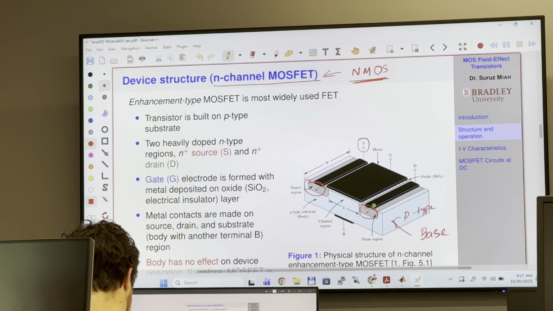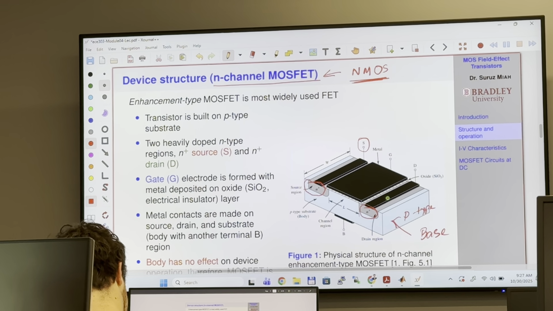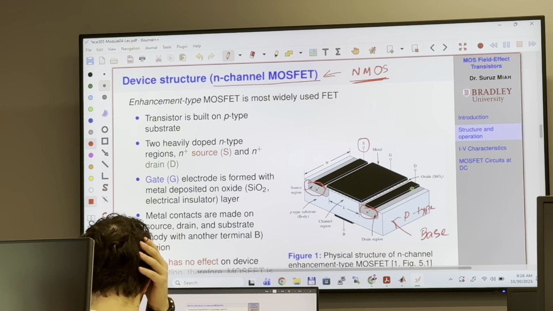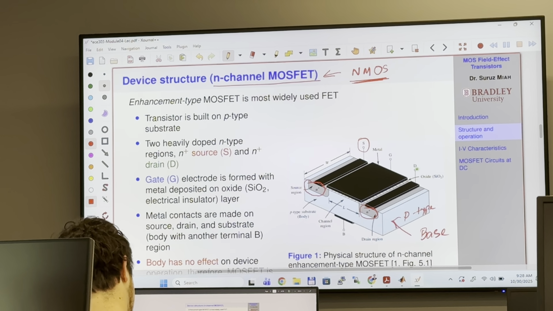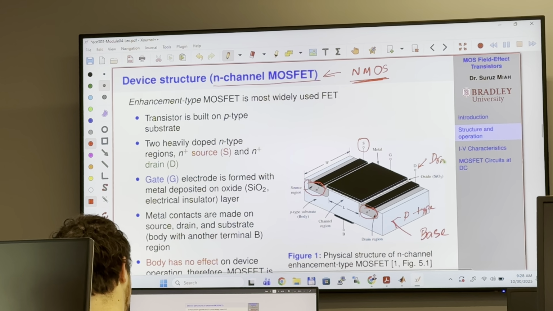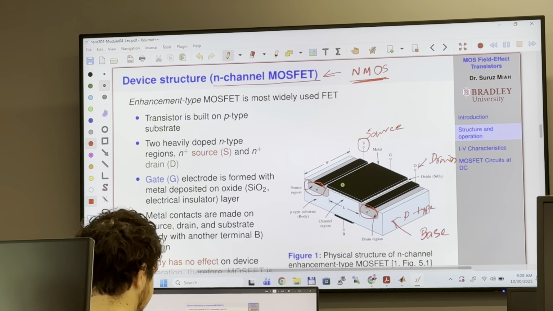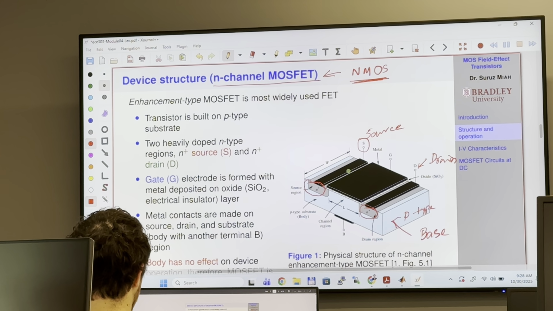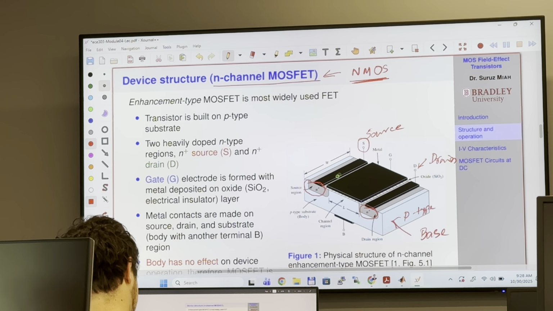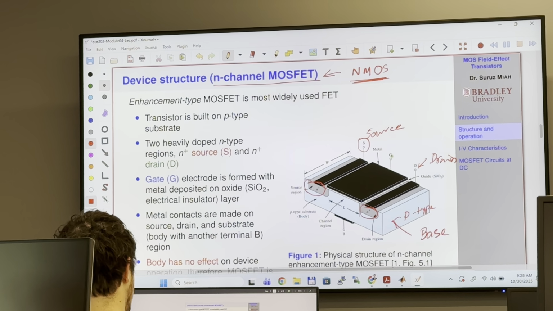Then there is a metal placed on top of this N-type material as well, and there is an electrode coming out, and this is your drain terminal. Now the gate: you put a metal right on top of this part, and there is an electrode coming out, and this is your gate.